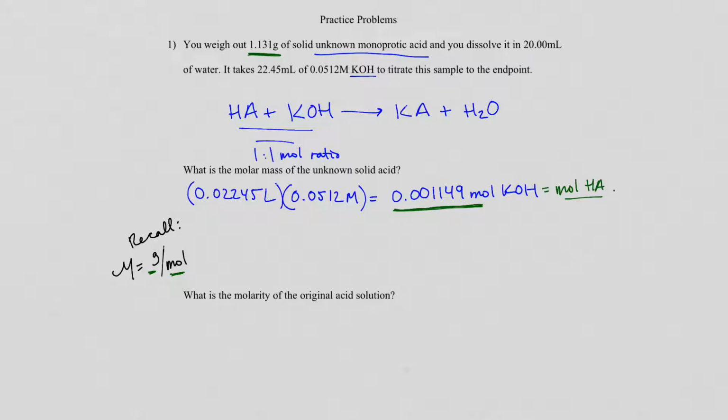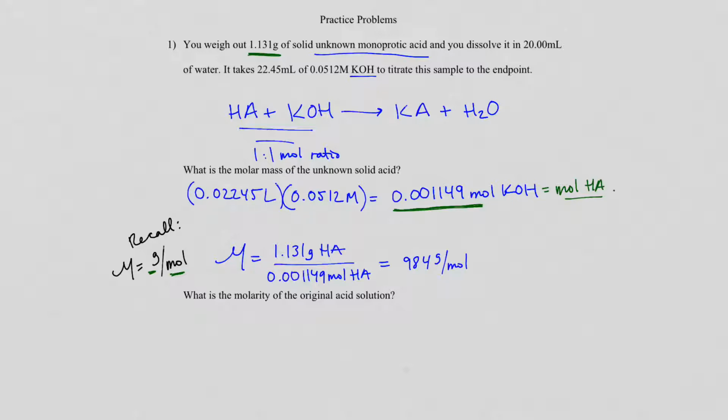So we can now go, molar mass, and I'm just trying to do a scripty fancy M because it's not supposed to be a regular M, because that's molarity. Molar mass equals the 1.131 grams divided by the number of moles, 0.001149 moles of HA. And that is equal to, and this is huge, about 984 grams per mole.